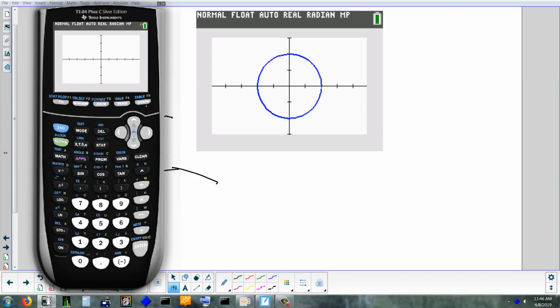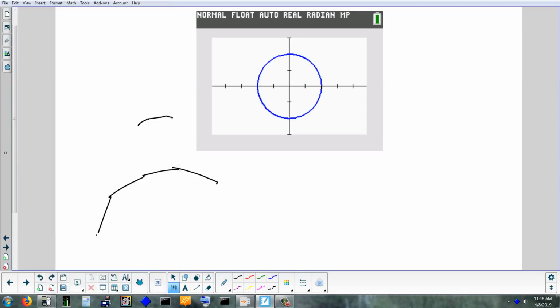Even 0.01, that's better, but you don't need that many points. I did 0.1 and I'm getting just as good of a picture, pretty much, as when I did that. So it's about as good. Maybe you wouldn't have this little gap here at the end, because the smaller you make the t-step, the smaller that gap is.